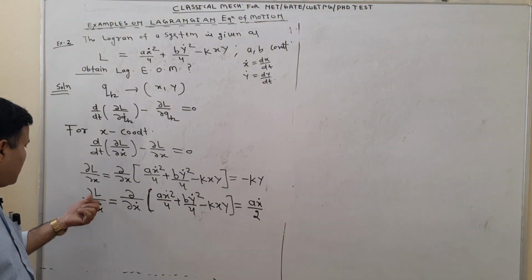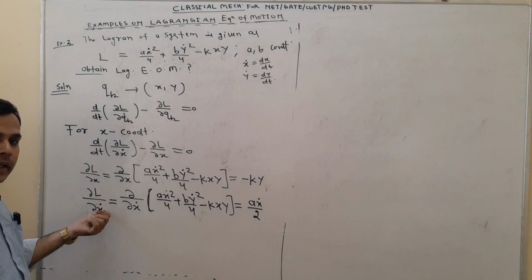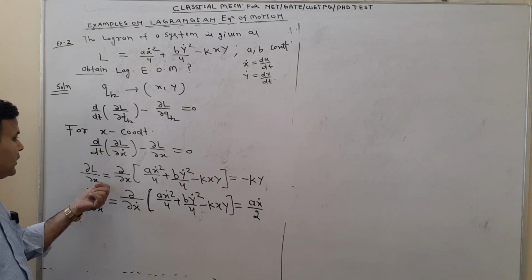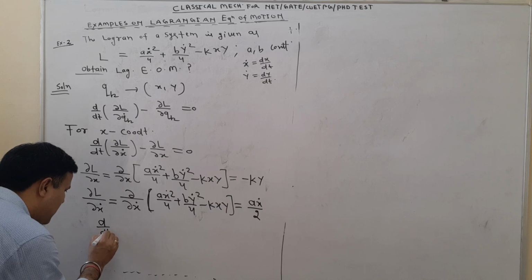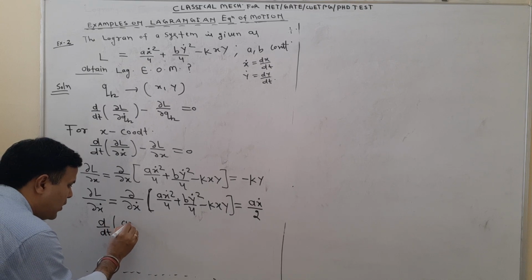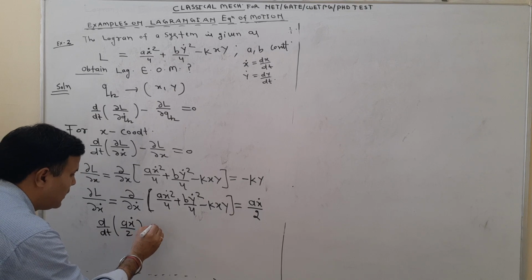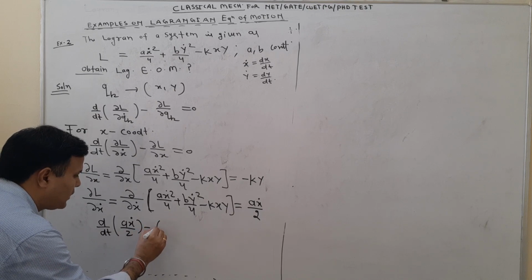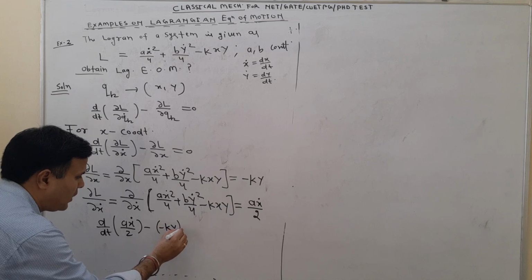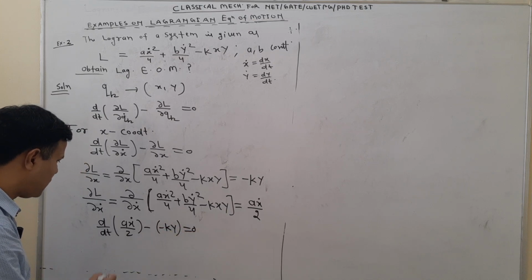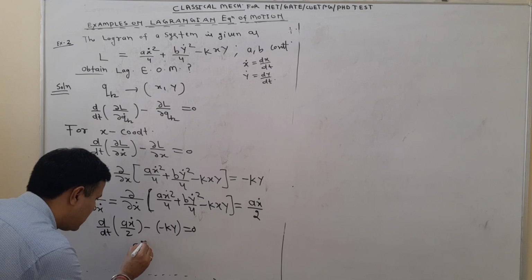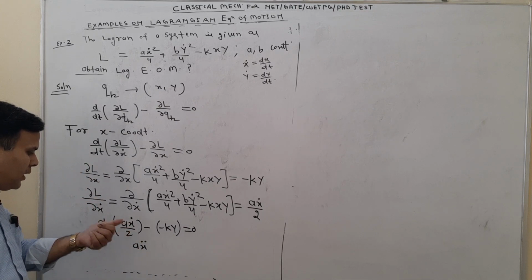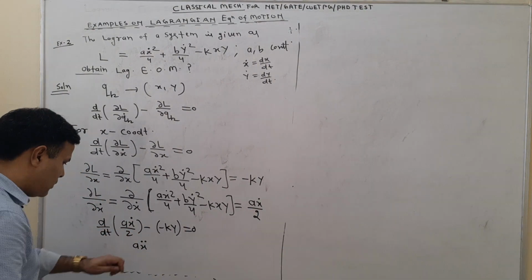Now putting the values of del L by del x dot and del L by del x in this equation, we have d by dt of a x dot by 2 minus del L by del x, which is minus ky, so it becomes plus ky equal to 0.